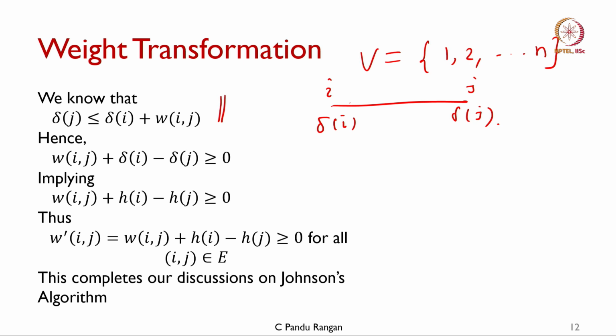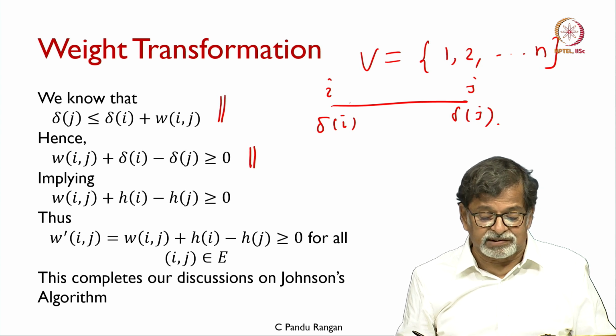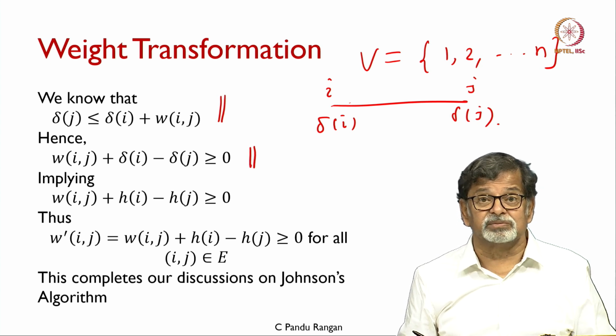The delta i and delta j have a special property, this we know, this is the Bellman inequality. By moving delta j to the other side, you immediately see that Wij plus delta i minus delta j is non-negative.